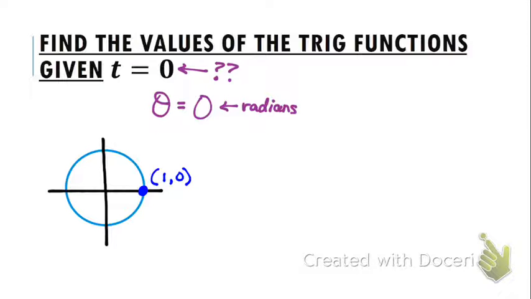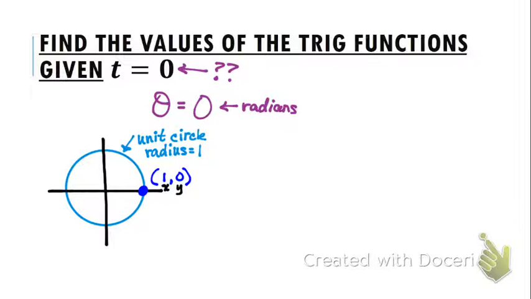And since it is a unit circle, what's our radius? 1. Do I have all the information that I need to write my 6 trig values? Yes, I have x, I have y, and I have r.